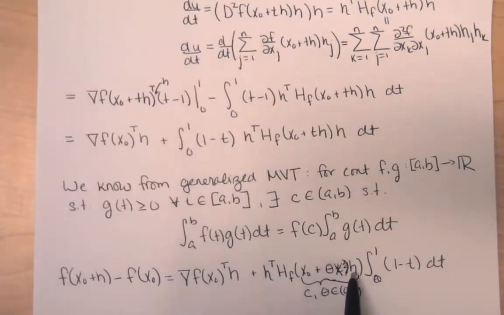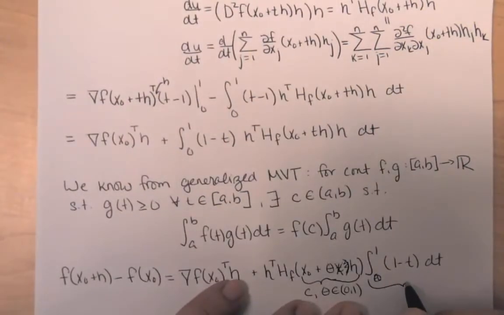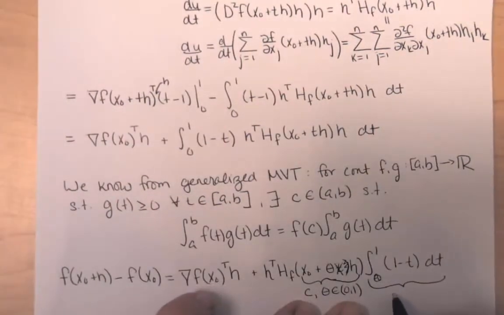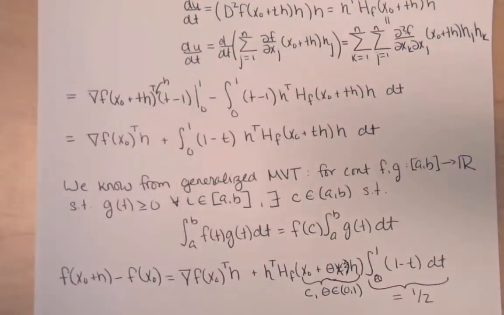And of course, x naught plus h is x, so c is between x naught and x. This integral, straightforward to compute. It's 1/2, right? It's just the area of a triangle of height 1 and base 1.